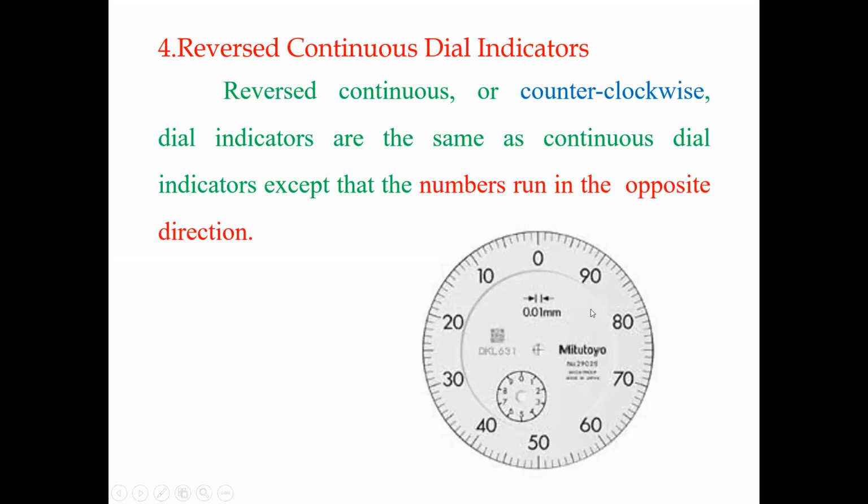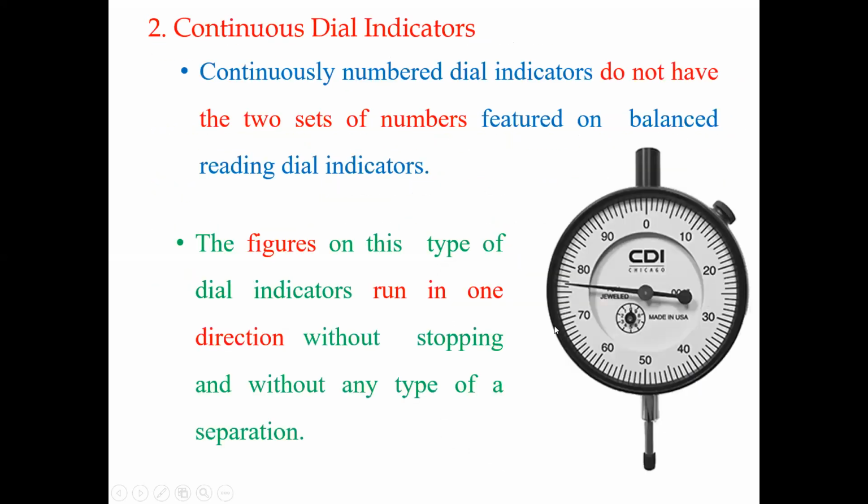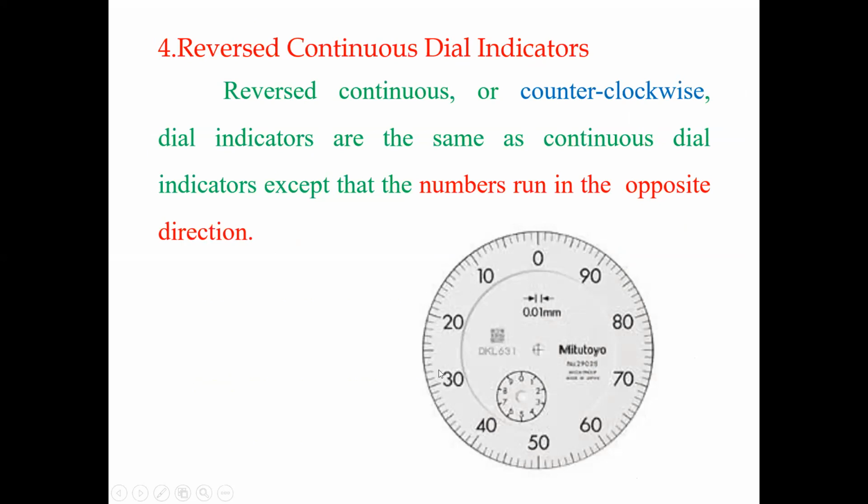But in the case of continuous dial indicators, the figures are running in the clockwise direction. Here the figures are running in the anti-clockwise direction. That is the reason why it is called a reversed continuous dial indicator. Numbers run in the opposite direction.